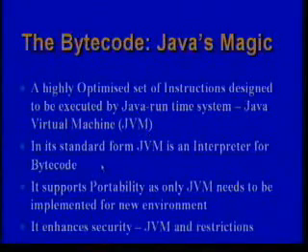In its standard form, the Java virtual machine is an interpreter for your bytecode. It means your browser runs your Java program or applet, so the browser works just like an interpreter, or the Java virtual machine is built into your browser.